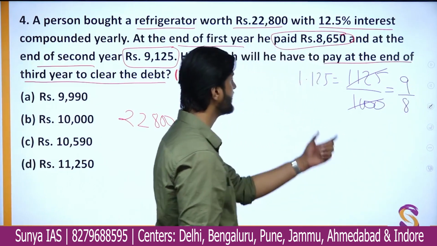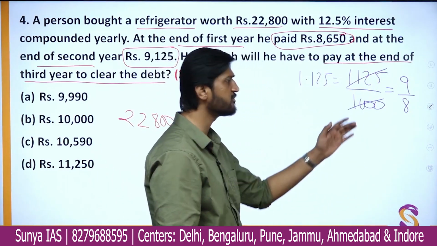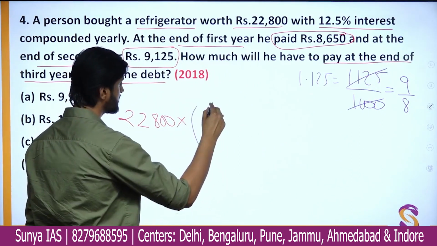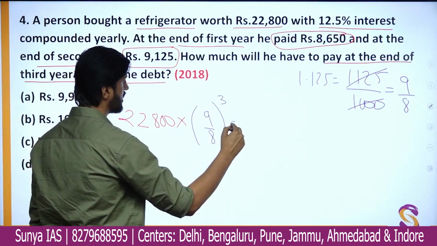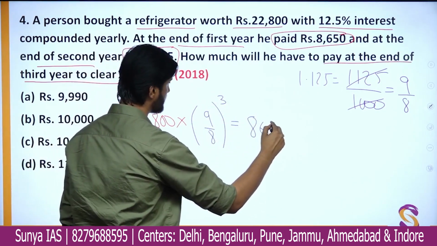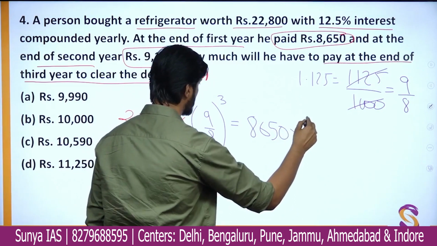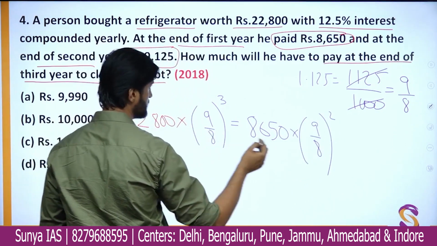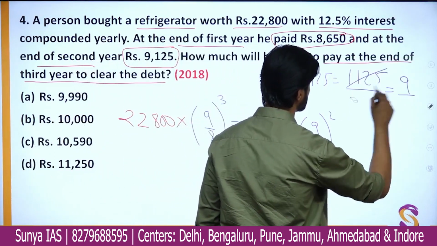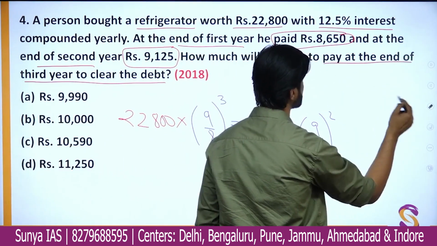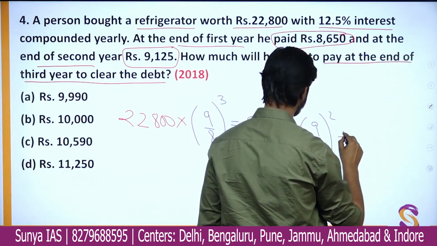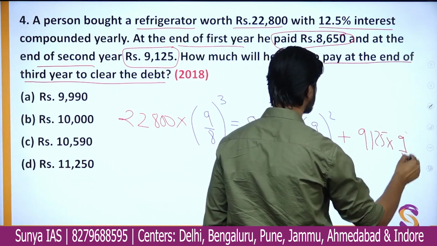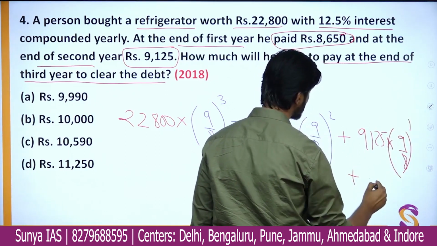So this value can also be simplified as 9 by 8, which makes things easy for calculating. Here we have 9 by 8 to the power of 3 is equal to 8650 into 9 by 8 to the power of 2, plus you will have 9125 into 9 by 8 to the power of 1, and plus x.